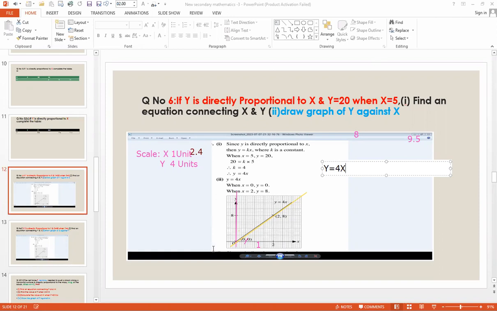Look here, when x is equal to 0, obviously y is also 0, because we start from the origin. Then when x is equal to 1, y is equal to 4. When x is equal to 2, y is equal to 8. So x is increasing, y is also increasing, but the increase in y depends upon the value of k. Is it clear? Okay, this is all for today.